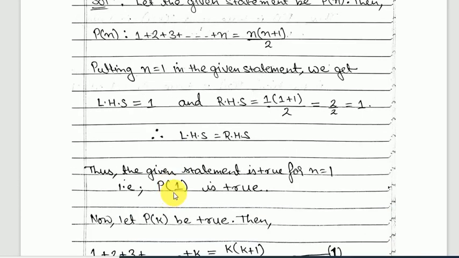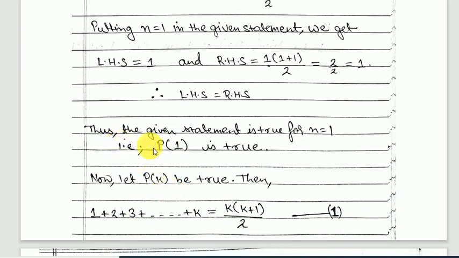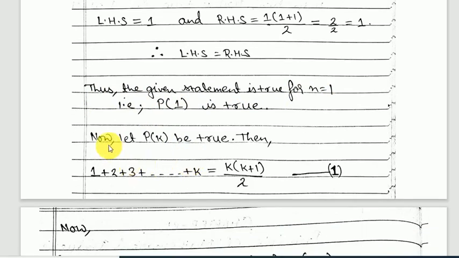Now here we'll write, thus the given statement is true for n equal to 1, that is P1 is true. Now we will assume, let Pk be true. That means we are saying that this statement is true: 1 plus 2 plus 3 plus dash dash dash plus k is equal to k into (k plus 1) upon 2.